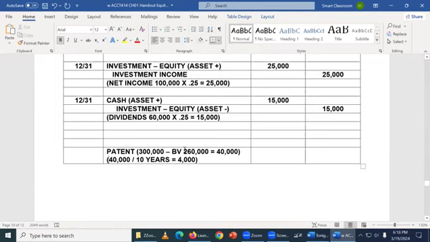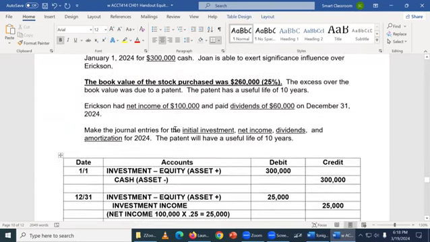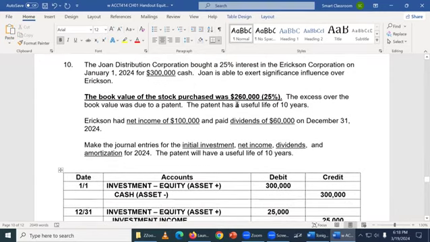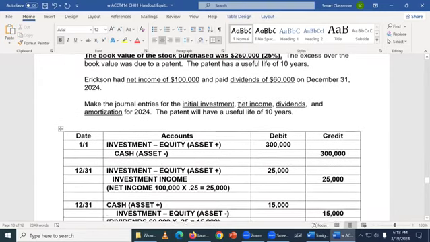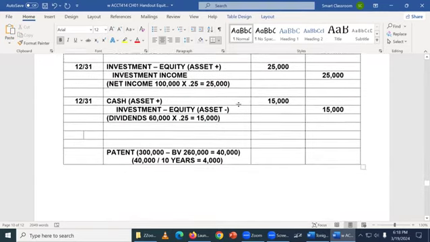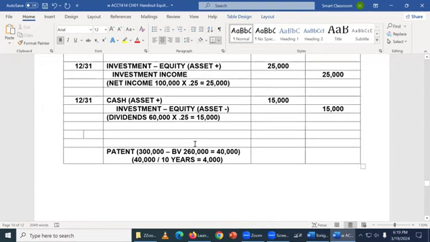Okay, so we got the patent value. Now, so part of this, of the 300,000, 40,000 was that patent. Patents don't live forever. So we have to write off 4,000 of it.